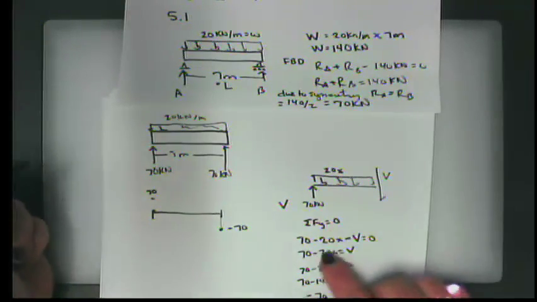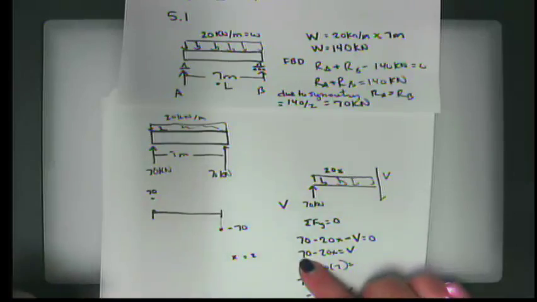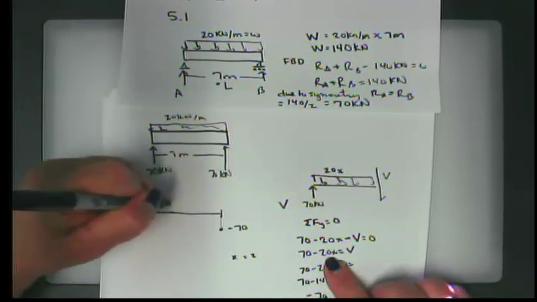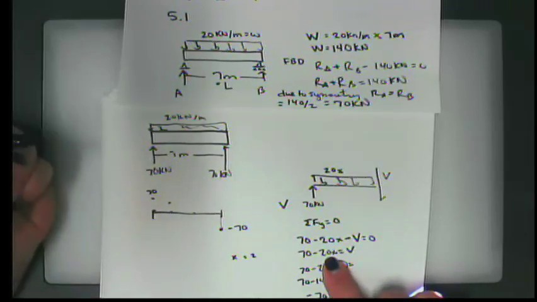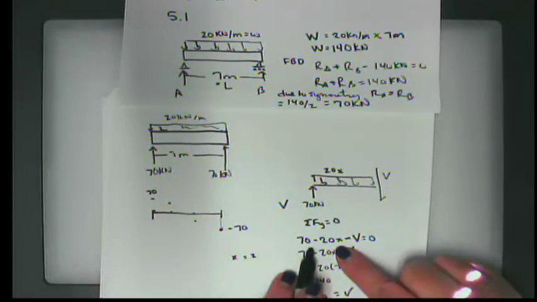Well, we can do this in pieces if we want. We could say, what happens when x is equal to 2? At x equals 2, this number is going to be 70 minus 40, or 30. And when x is equal to 4, it's going to be 70 minus 80, that would be negative 10, right?